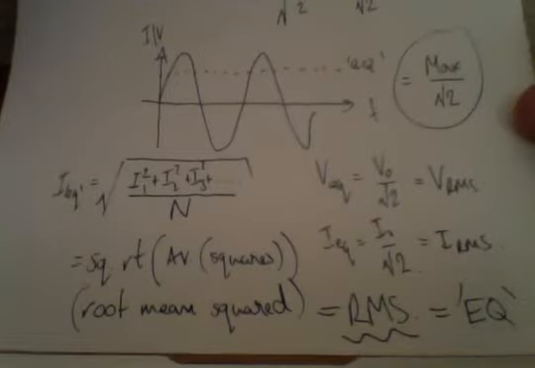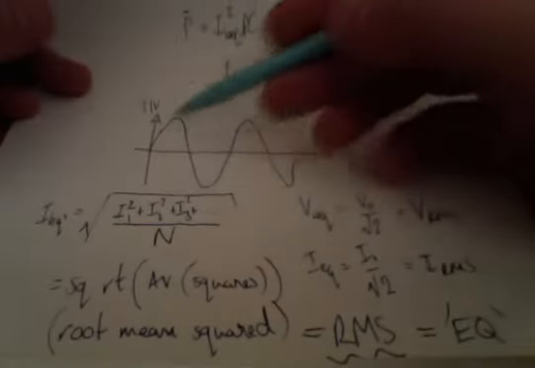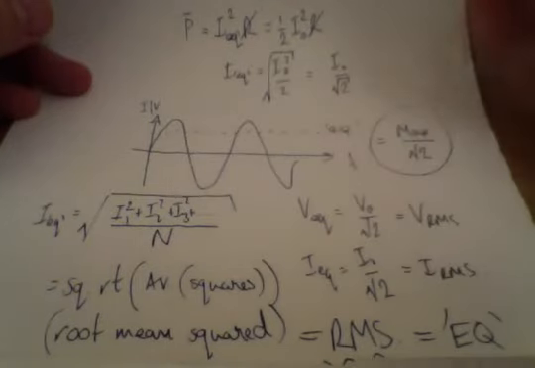Okay, let's try a couple of questions, because this is actually, well, no, before we go on to some questions, let's describe how we would find this on an oscilloscope, because these two topics link together. So let's work on oscilloscopes.